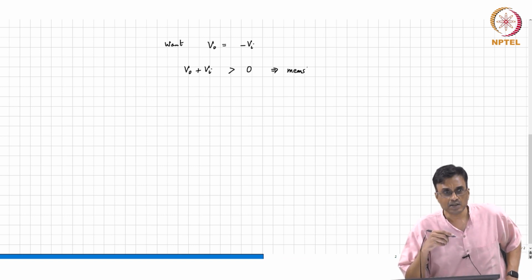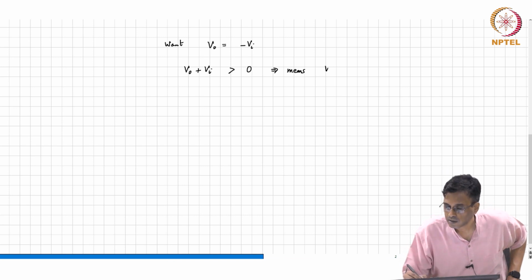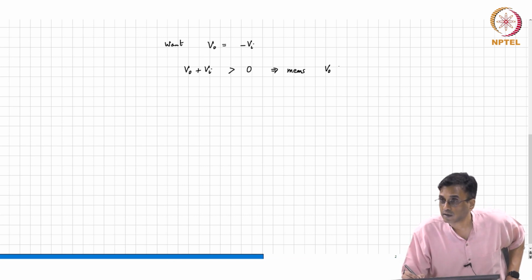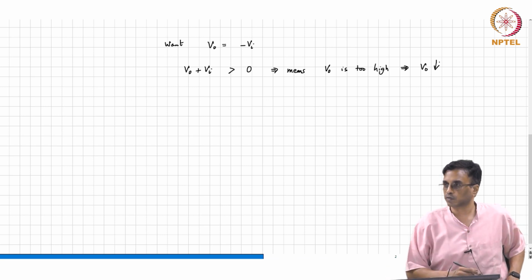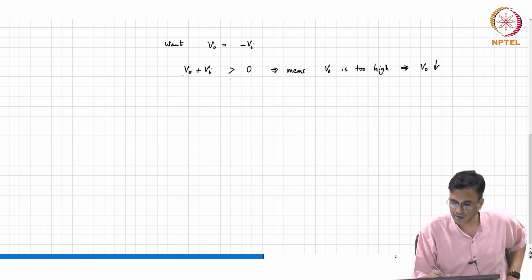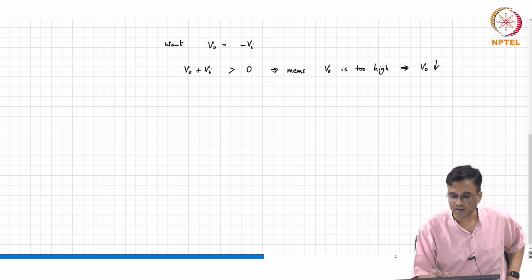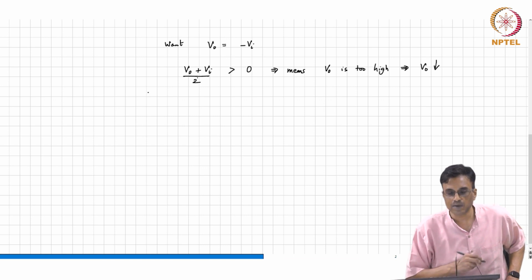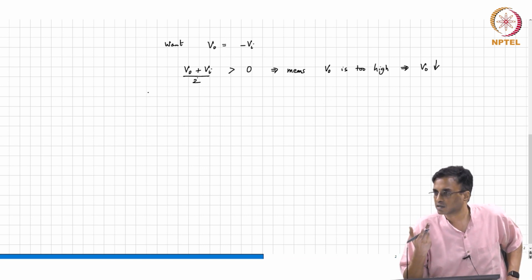It means VO is too high, and therefore VO must reduce, and vice versa. Is this clear? So now, VO plus Vi greater than 0 is equivalent to saying VO plus Vi by 2 is also greater than 0. So how will you get VO plus Vi by 2?